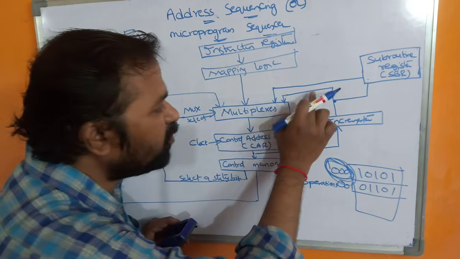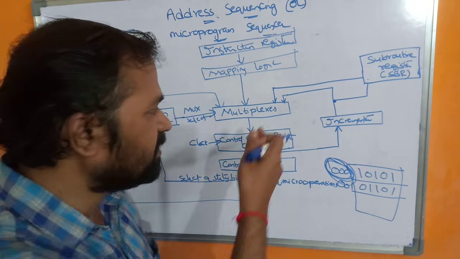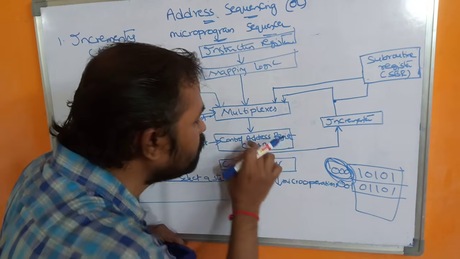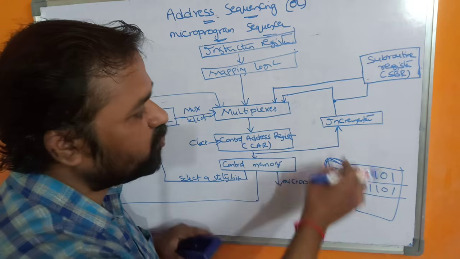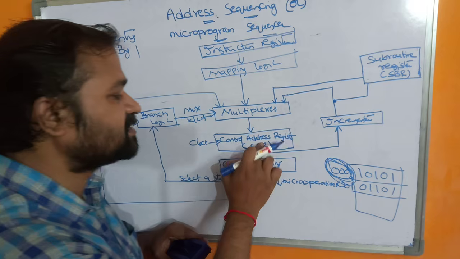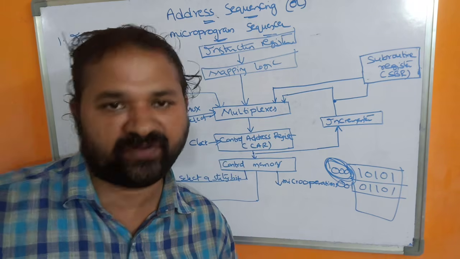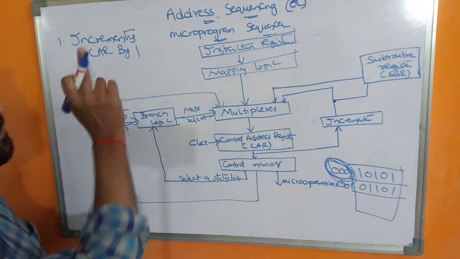Now with the help of the multiplexer, which we know about, the multiplexer accepts that value and transfers it to the control address register. So once the incrementation is over, the multiplexer transfers 001 to the control address register, and the next instruction address becomes 001. That is the first approach, incrementing the control address register by 1.